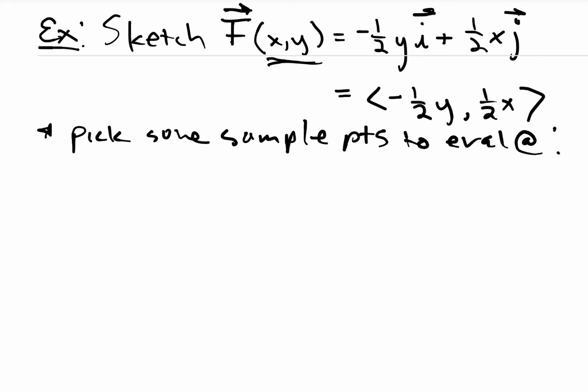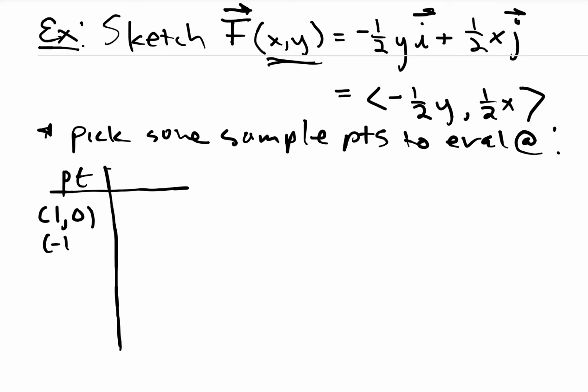Let's start with some stuff that's pretty easy to plug in. Let's say I try a bunch of intercepts. I can try something like 1, 0, -1, 0, 0, 1, 0, -1.